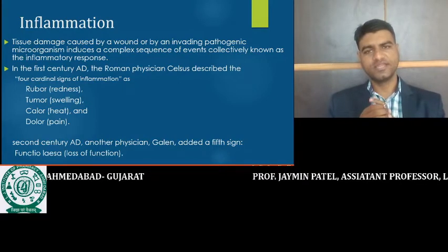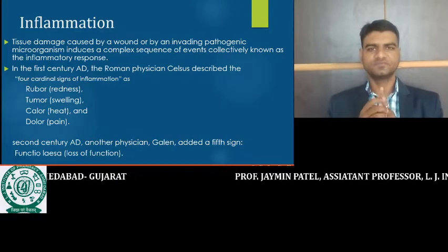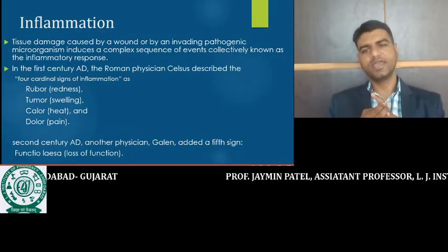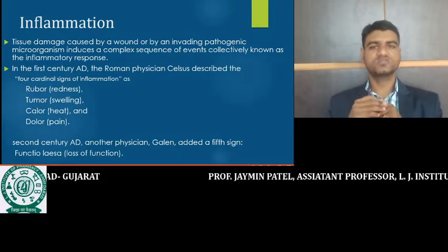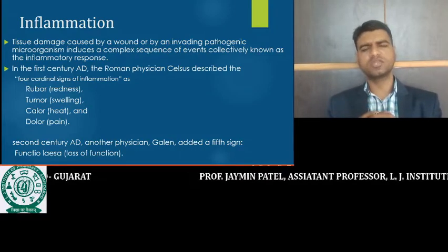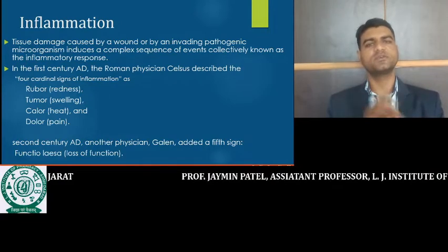Rubor means redness, tumor means swelling, calor means heat, and dolor means pain. How the redness occurs, swelling occurs, heat is produced, and pain occurs, all these things we will discuss in the mechanism of inflammation.